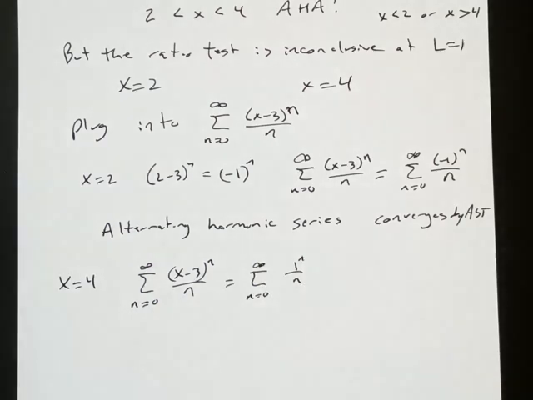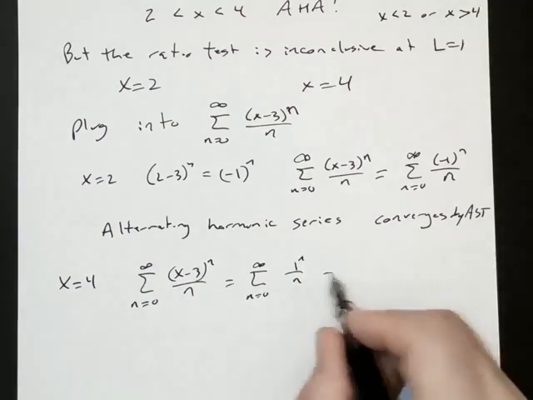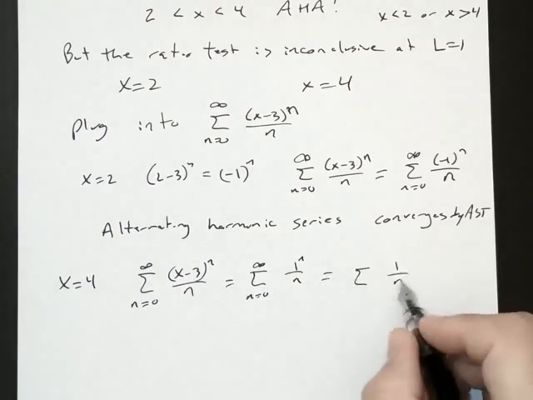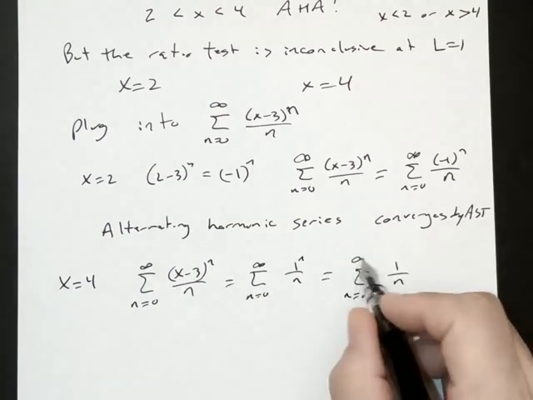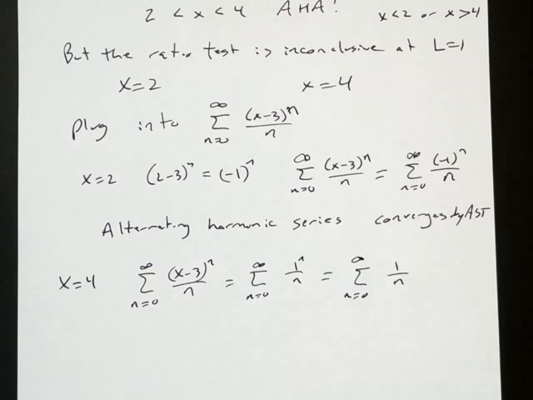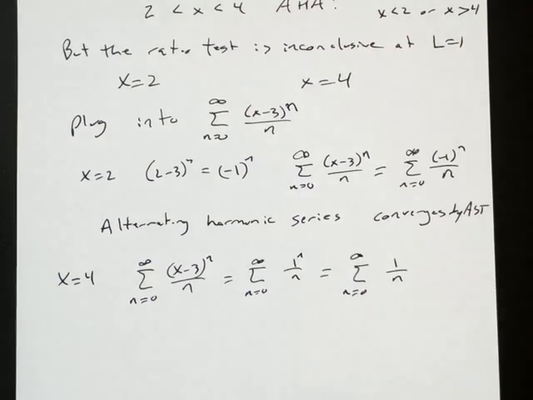But 1 raised to any power is just 1, which makes this the sum of 1 over n. Houston, we have a problem. What kind of a series is that? It's not just any p series. It's p series with p equals 1, the harmonic series, which means it diverges.